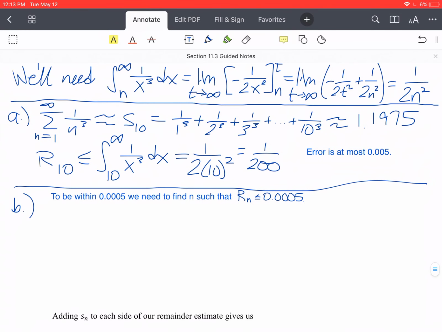So we need to find that n value that makes the remainder smaller than that number. So let's use what we know.